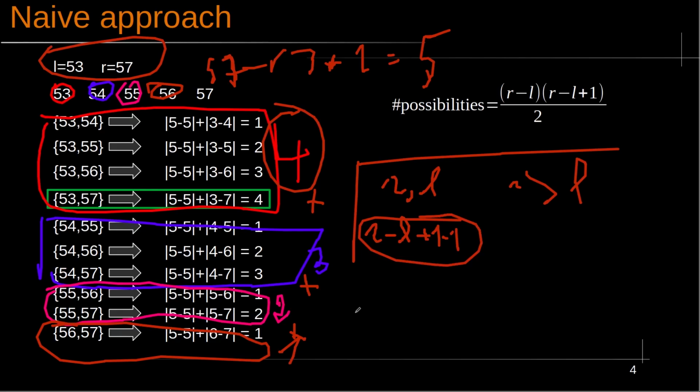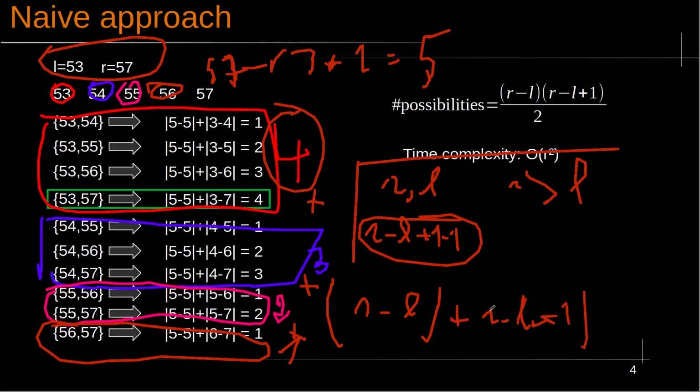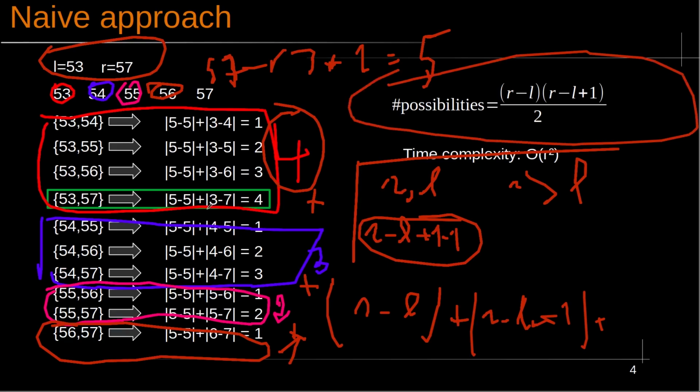So the number of possibilities is R minus L, plus R minus L minus 1, plus R minus L minus 2, etc. So the total number of possibilities is (R minus L) times (R minus L plus 1) over 2.